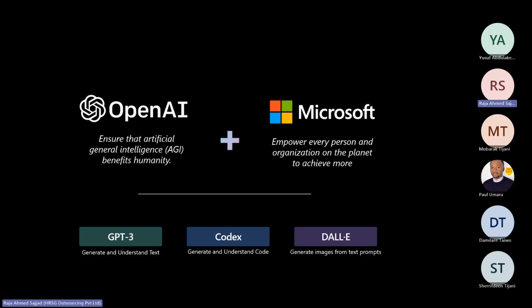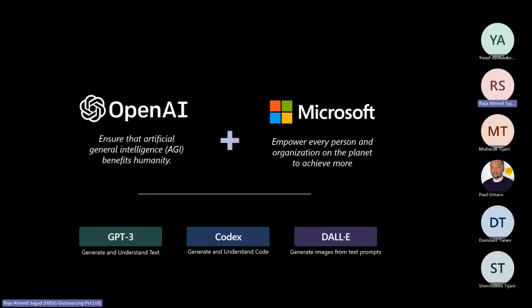You can call it like Microsoft, years back, acquired GitHub, and now this was the best they acquired. So these three models appear to be very great. Now GPT-3 has been replaced by GPT 4.5, but it is able to generate and understand text. Codex is where I believe most of you have tried to use GitHub Copilot.